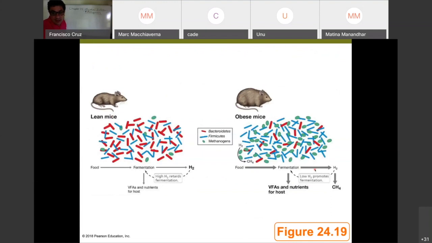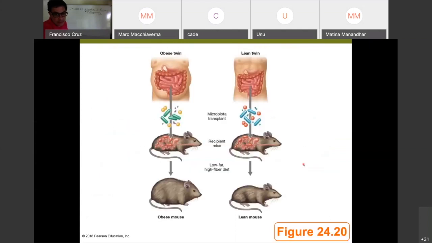This obese mouse has the same diet, but it's more efficient at converting the food into biomass in this terminal step. It's got a higher percentage of methanogens, basically. That's what this slide is really showing you. So I'm going to leave that up to you.